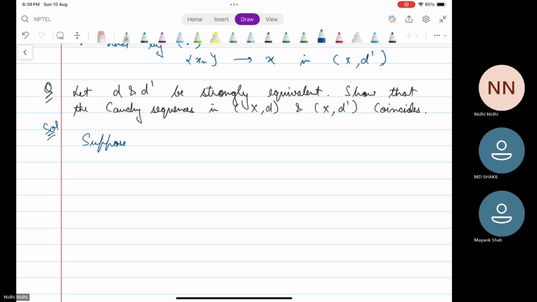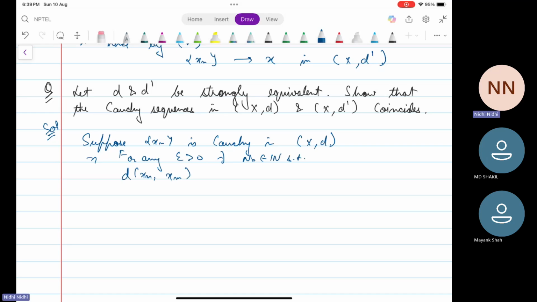Suppose Xn is Cauchy in (X, D). For epsilon positive, there exists n naught in N such that D(Xn, Xm) is less than epsilon for all n, m greater than or equal to n naught.